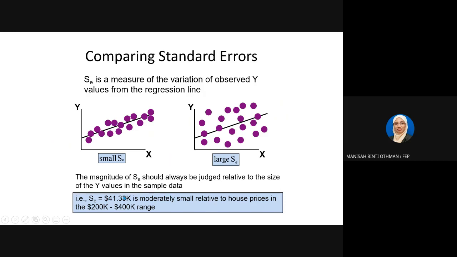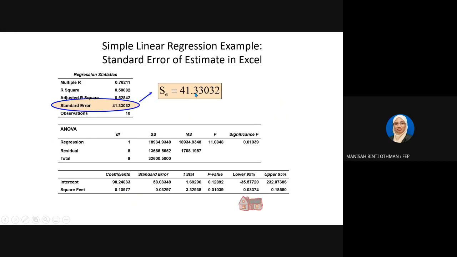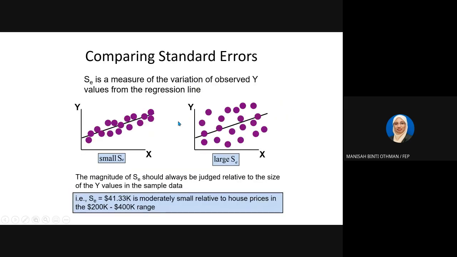Based on this value, we get only 41.33. So how we can conclude that is that it's about 41,000 variation in the house price. So it's quite small.